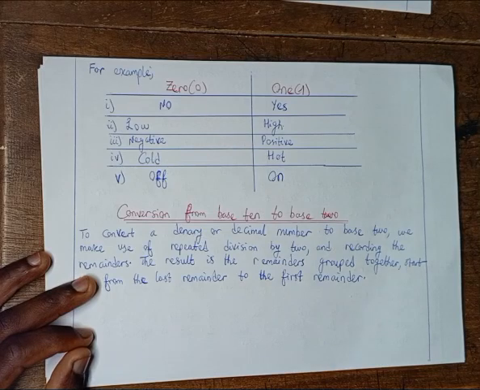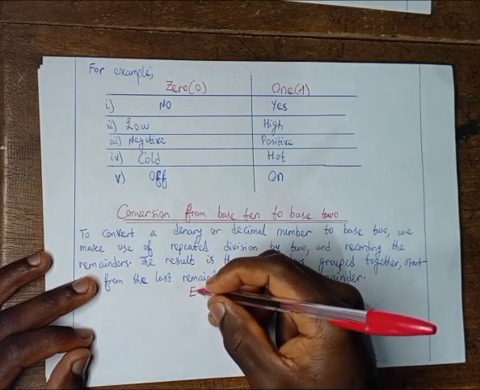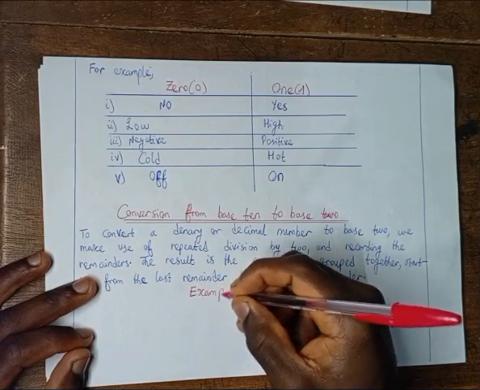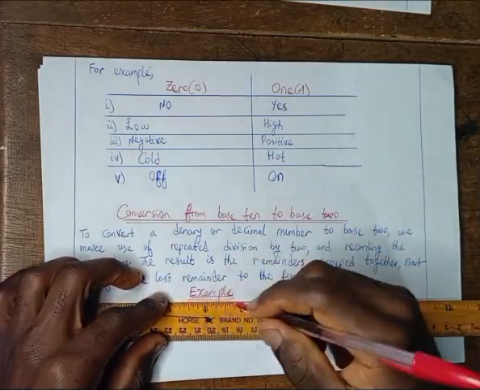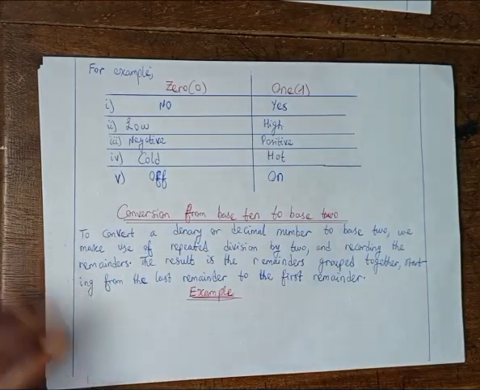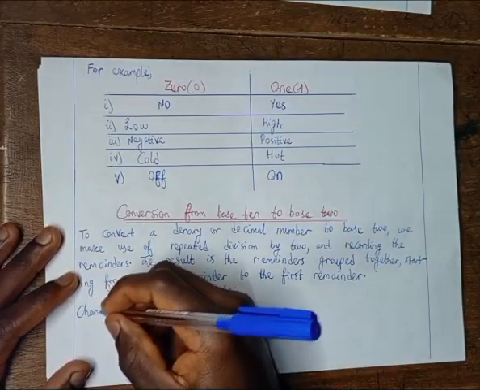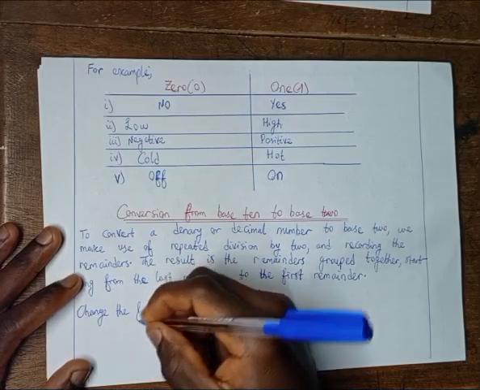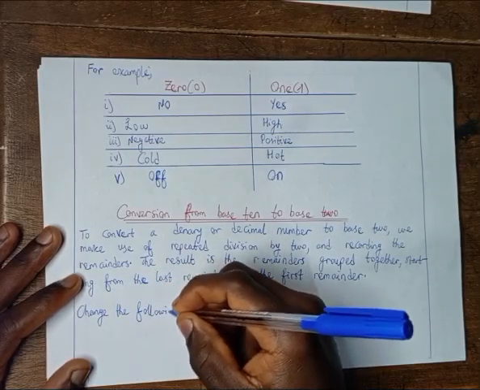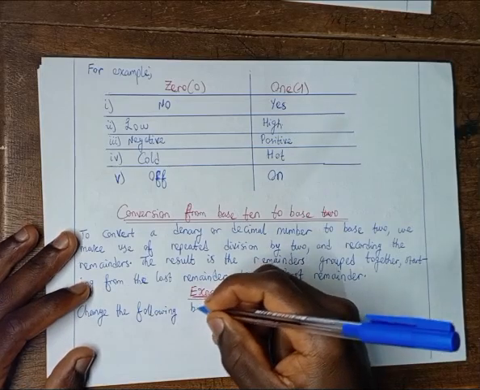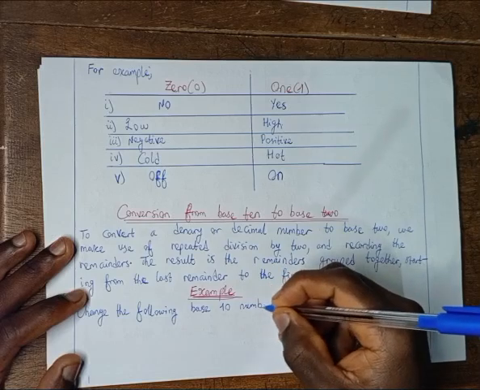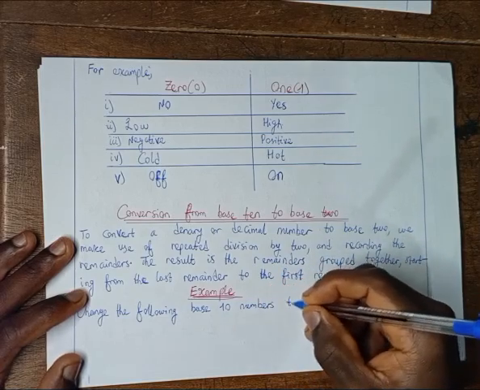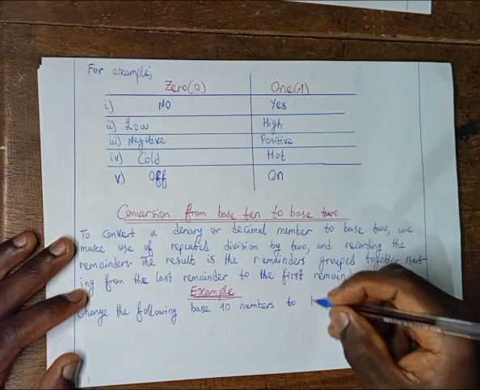Let's take an example. On this example, it will be very easy for us to see it. Change the following base 10 numbers to base 2.